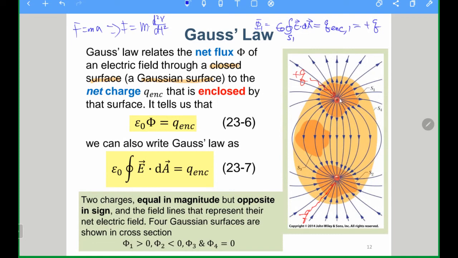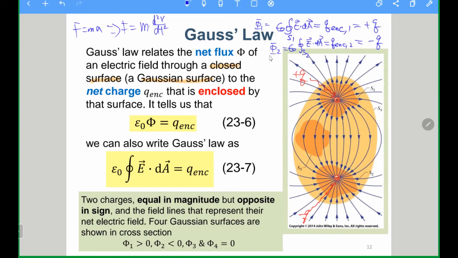This positive charge is outside of S2. So if we apply epsilon naught times the integration of E dot dA for the surface S2 equals Q enclosed 2, then this is negative Q.